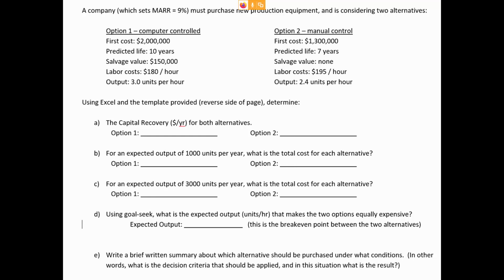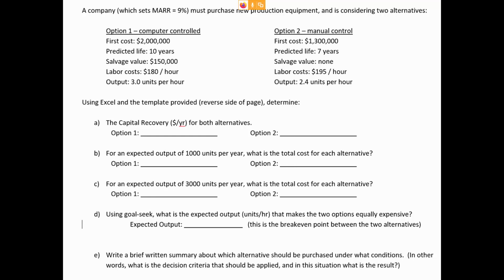So the computer that's controlling things, in the case of this more expensive option 1, is able to knock out the items more quickly, and so that's going to give us some savings in the labor costs, because if you don't have as many hours of operation, then you don't have to have the people, you don't have to pay for their salary as much. And you'll see that when we go through the in-class exercise.